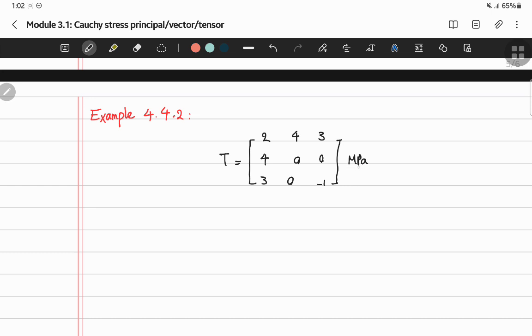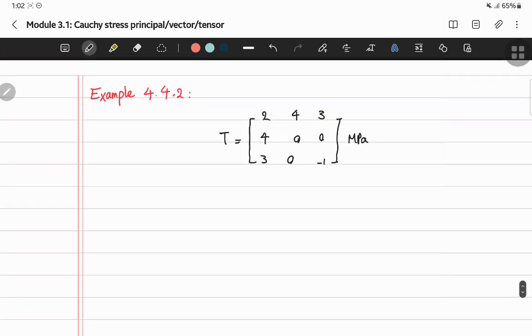And we're going to find the stress vector, parallel to a plane, where the plane equation is x1 plus 2x2 plus 2x3 minus 6 is equal to 0.